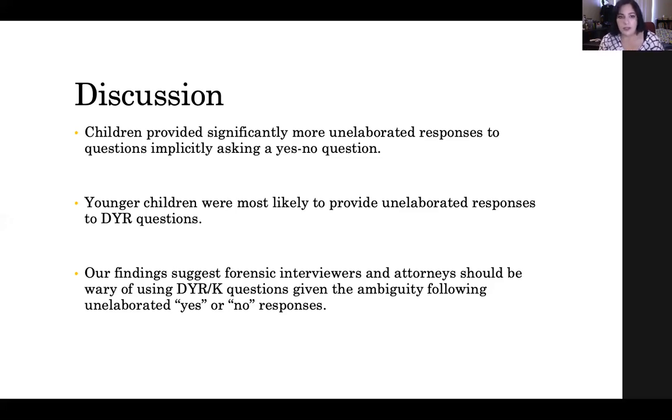And some recent research by Wiley et al. found that adults just generally don't pick up on why these unelaborated responses could be ambiguous and unclear. And future work finally should examine these developmental trends, given, if you look back on the last slide, these really steep developmental trajectories we have.